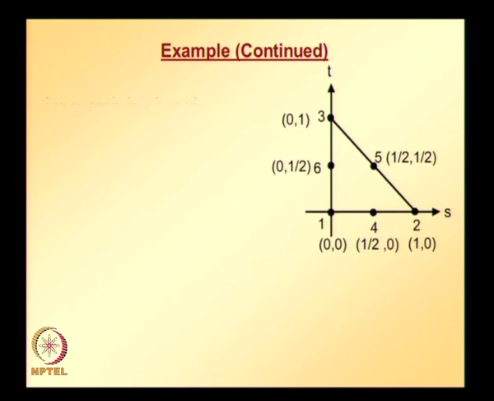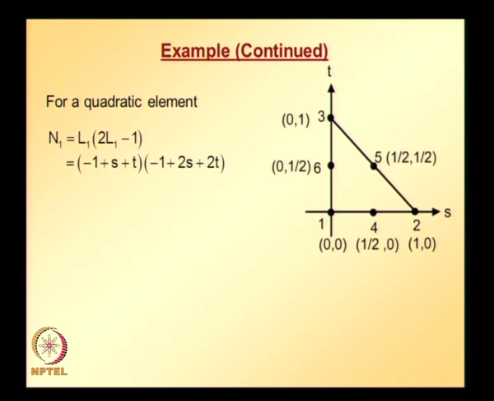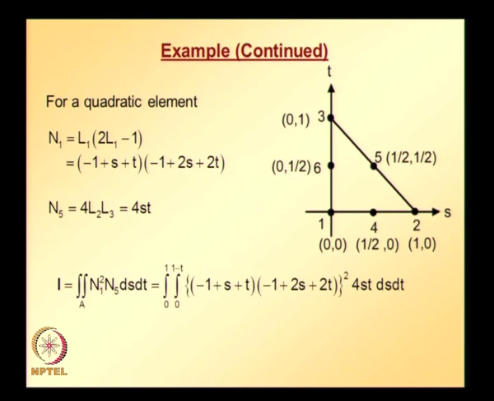So for a quadratic element, N1 is this, N5 is this, so the integral becomes this. The integrand is nothing but (-1 plus s plus t) times (-1 plus 2s plus 2t), whole squared, times 4st. So that is the integrand.